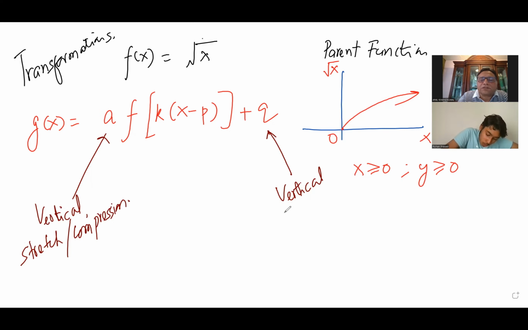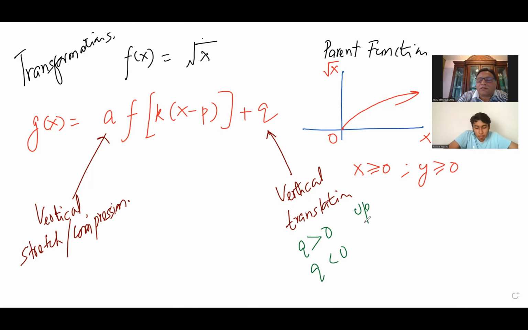As far as q is concerned, it is vertical translation, correct? And now, if q is greater than 0, positive, in that case, it is up. And if q is less than 0, then it is down.